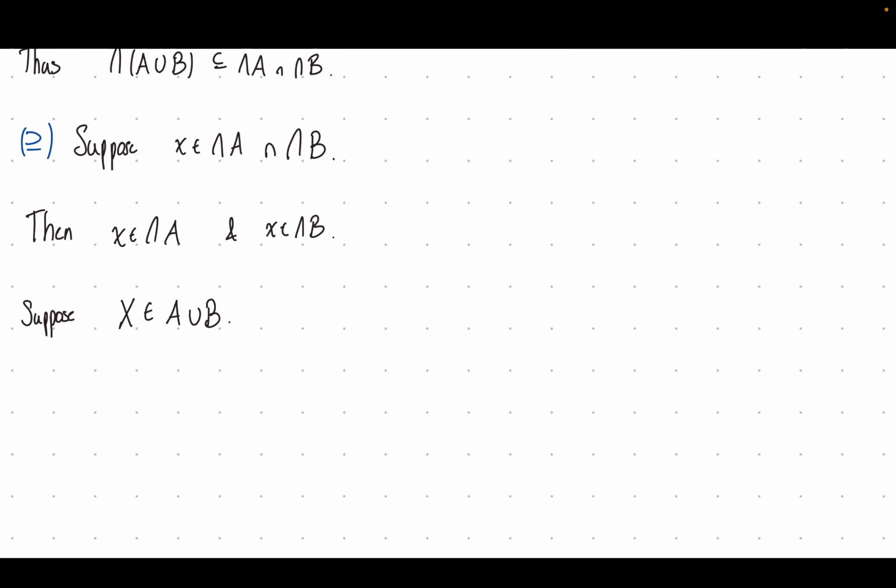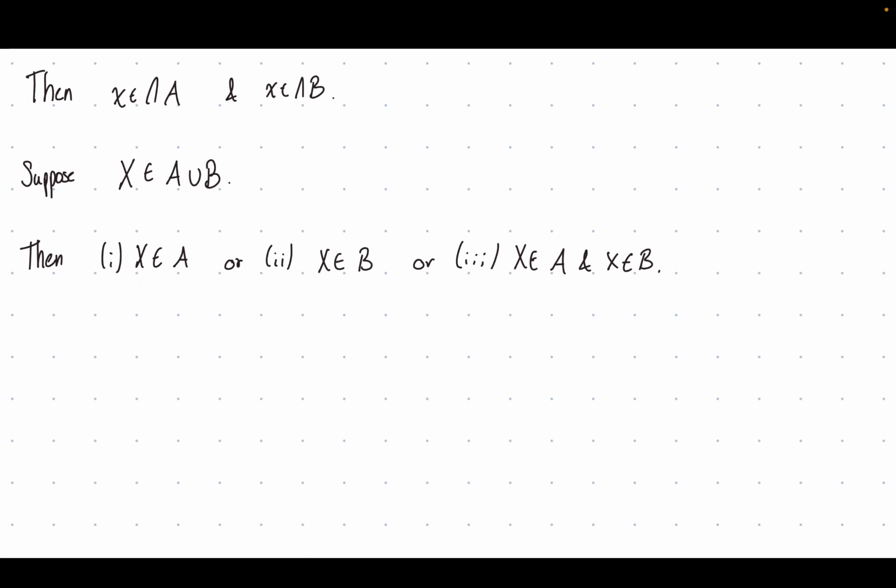Then either 1, X is in A, or 2, X is in B, or 3, X is in A and X is in B, which, as usual, just degenerates to showing that these two are true.